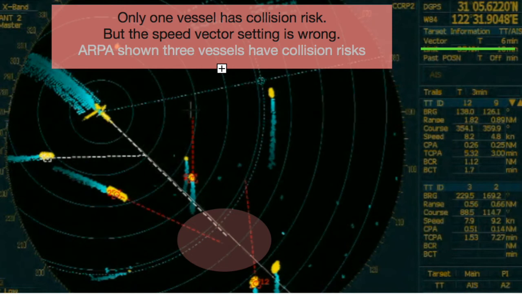Okay, let's summarize right now. For the collision risk, if 2 vessels' coastlines cross each other, no matter what time they arrive at the collision point, there will be a collision risk. But for the actual collision to happen, 2 vessels must arrive at the collision point at almost the same time.